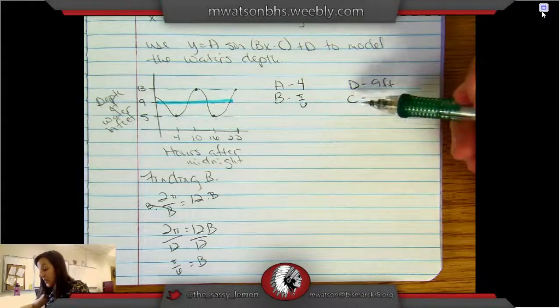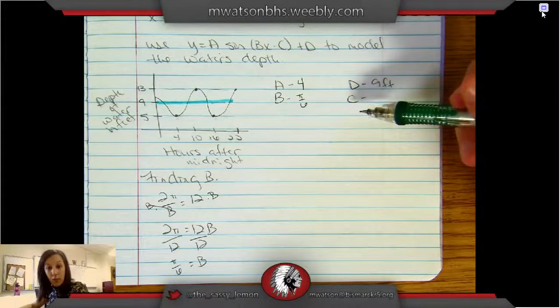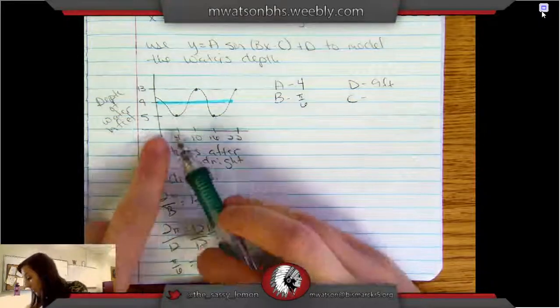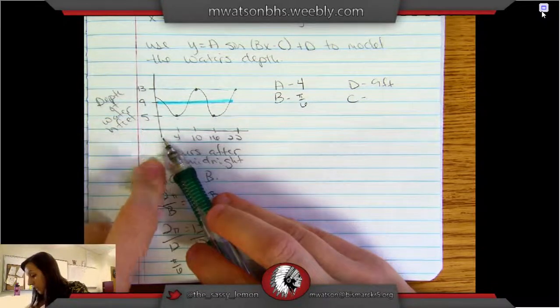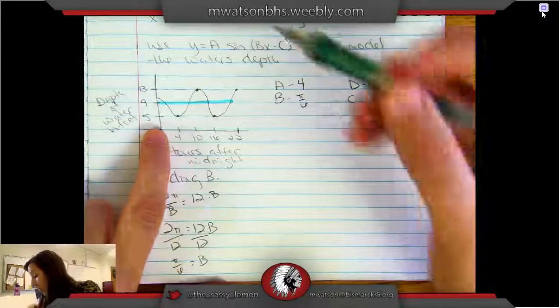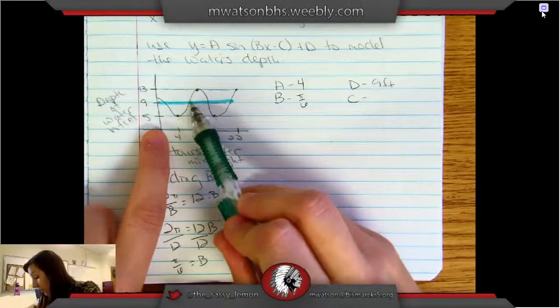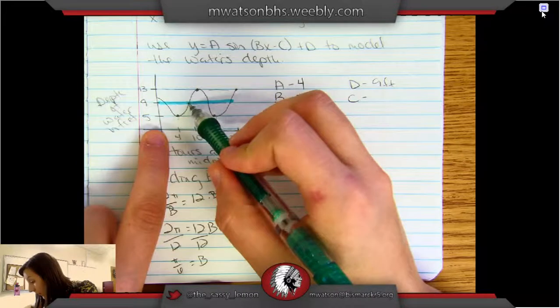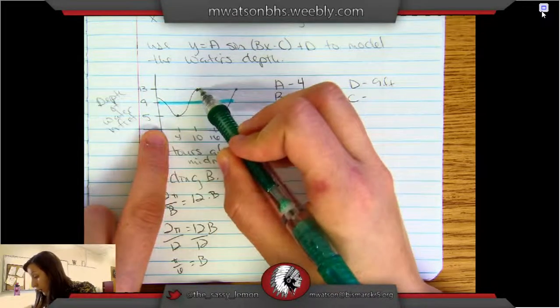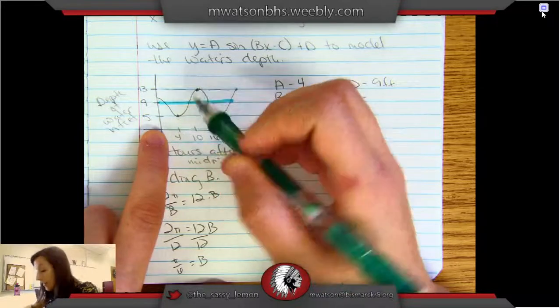Now remember, C affected our horizontal shift. So we need to look into our graph and see how much this was shifted from the origin, from x equals 0. So the start of our sine function is actually way over here, halfway between 4 and 10. So what's halfway between 4 and 10? That's 7.